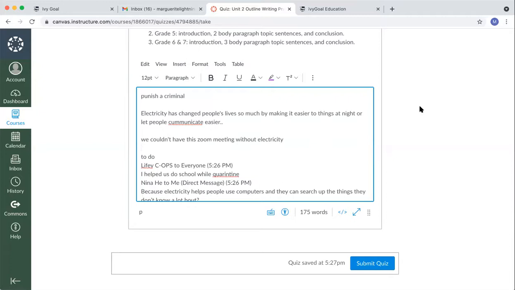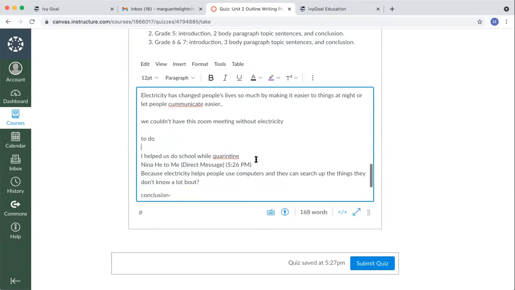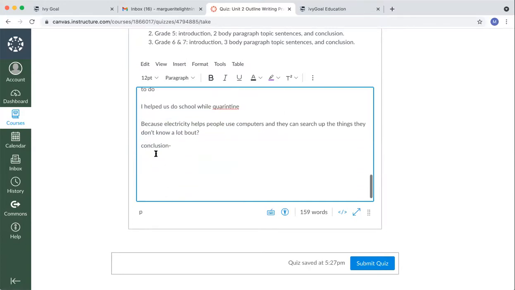Okay, who said we couldn't have Zoom without this meeting? Lily, why not? Why do we need electricity to have the Zoom meeting? Don't tell me, type it.